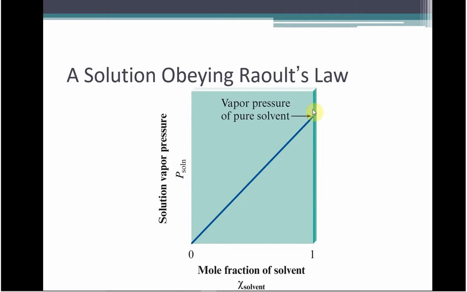So the more solute you have, the less your mole fraction of solvent, and that is going to greatly affect your vapor pressure. The less you have, the lower the vapor pressure. It's a direct correlation here.